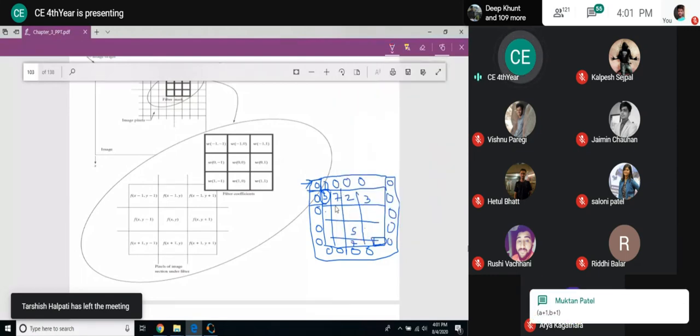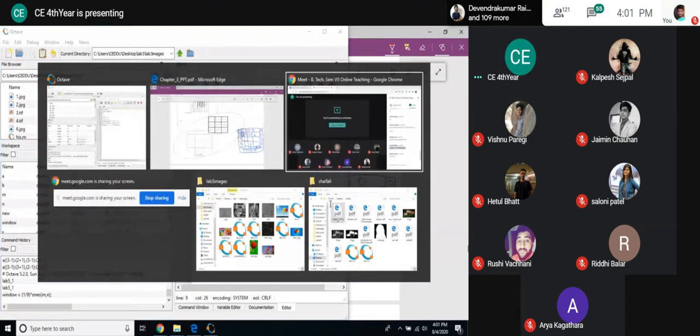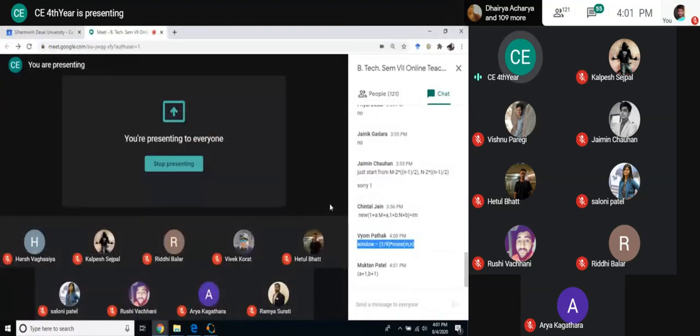This is my image, and I know my window is of 3 cross 3 size, so first of all I am going to put it like this, for the first element. This is my first element, no? So where will I put my window in my padded image, from where will I start my window in my padded image?